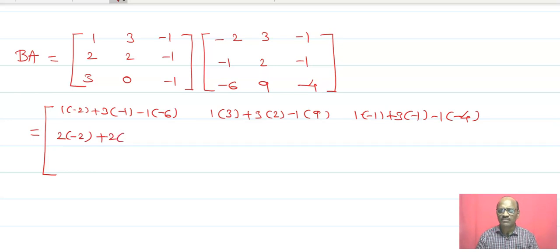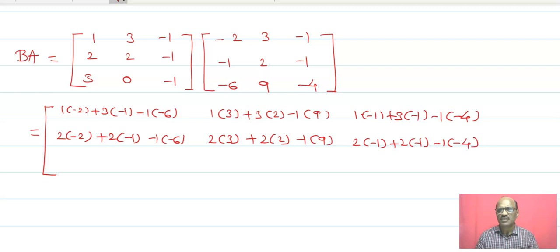Second row of the first matrix multiplying with the first column of the second matrix. Second row of the first matrix now multiplying the second column of the second matrix, corresponding elements, and the next is second row of the first matrix will multiply corresponding elements of the third column of the second matrix.